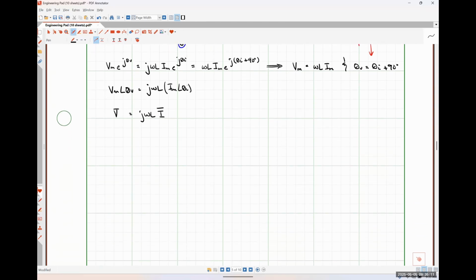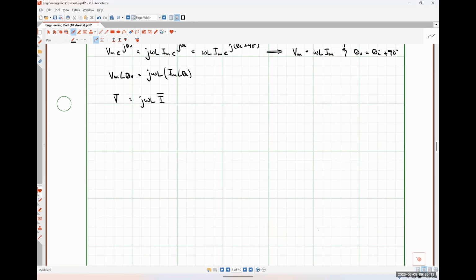The derivation for a capacitor is going to be incredibly similar because we know that capacitors and inductors are just the electrical duals of each other. So I'm going to skip a number of steps with this derivation, okay? So for a capacitor, we know that I is equal to C dV by dt, right?